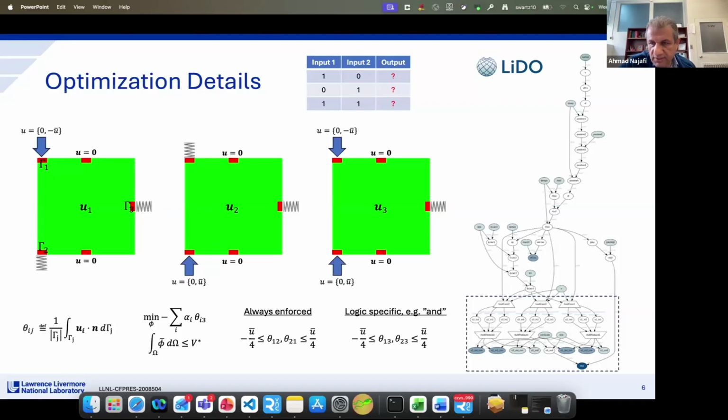Next question from the chat is, thanks for the presentation. What would be the major difference with topology optimization for compliant mechanisms? If I'm not clear, you can unmute yourself and ask your question.